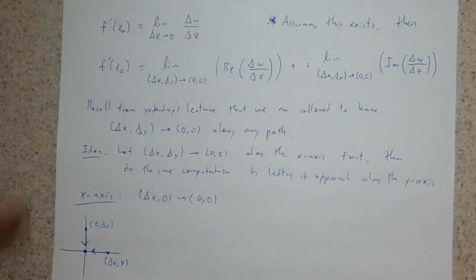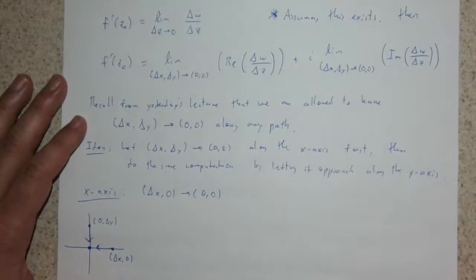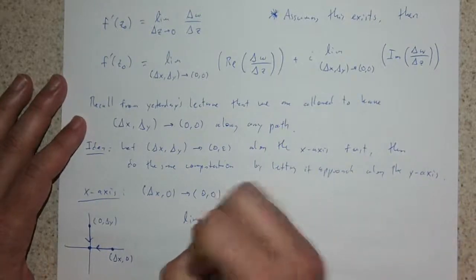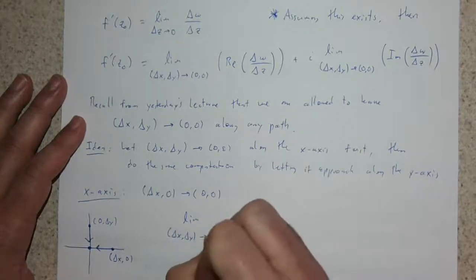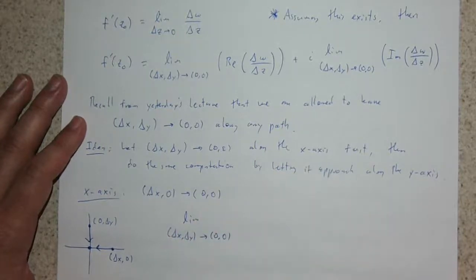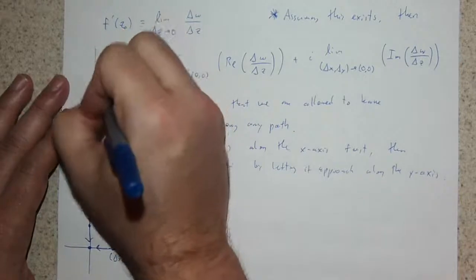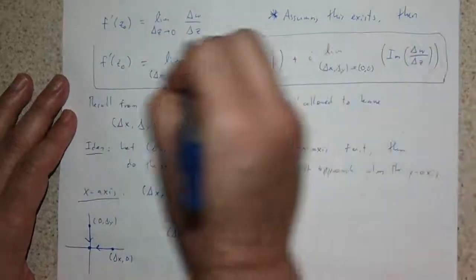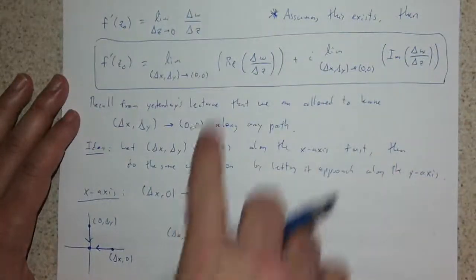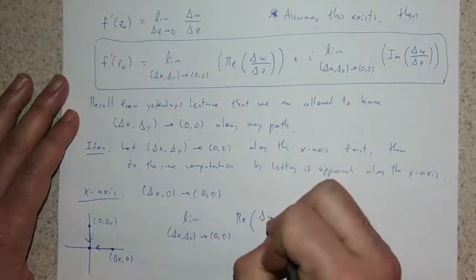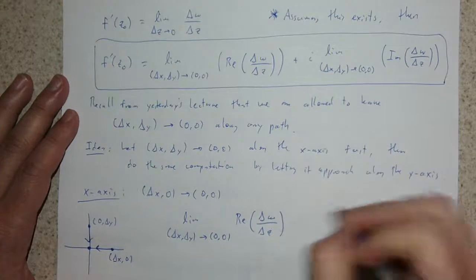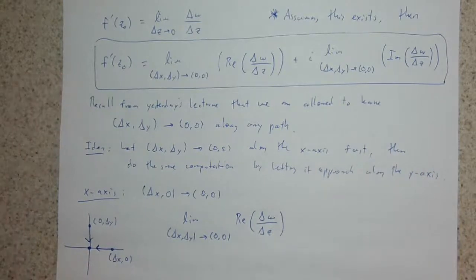Okay, and so in this case, what is the limit as (delta x, delta y) approaches (0, 0) of, let's look at the real part of this thing. So I'm going to box this, and let's look at each of these components. Let's look at the real part of delta w over delta z. Okay, and let's be careful with what's going on here.